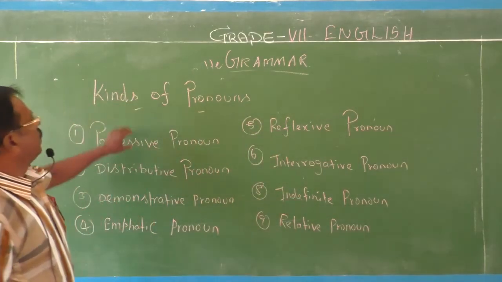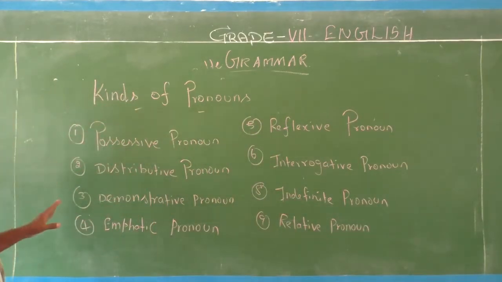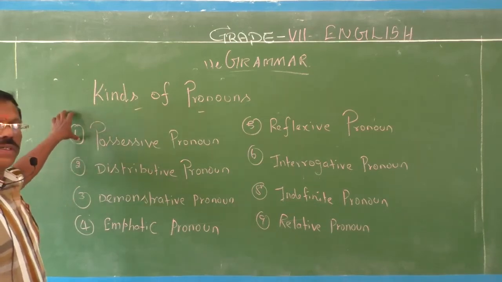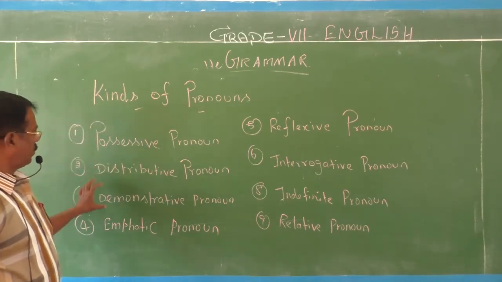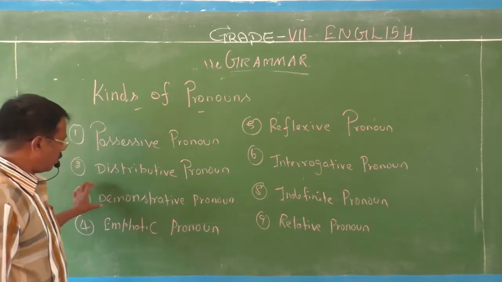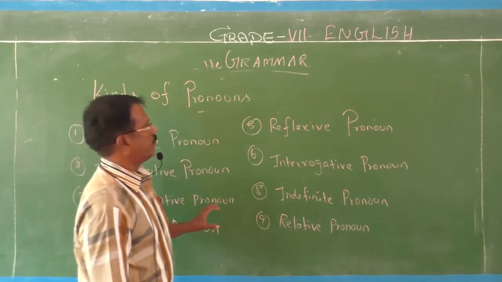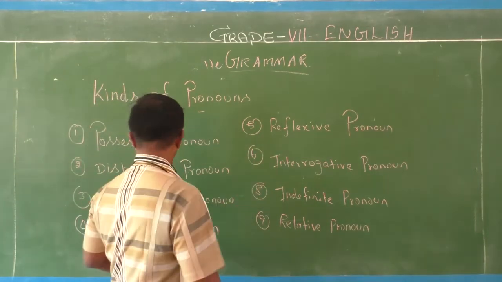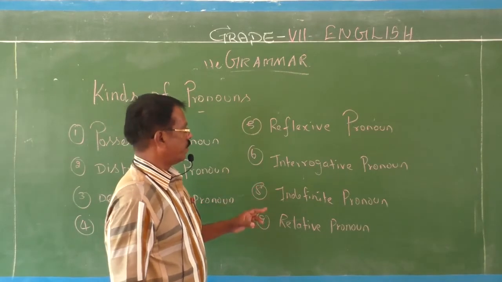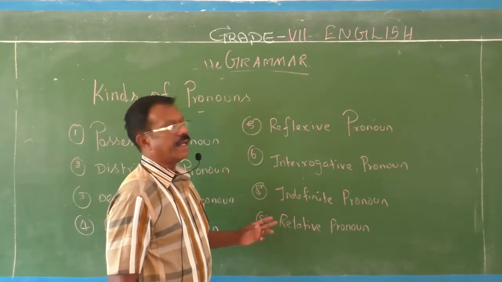So these are all kinds of pronouns: possessive pronoun, distributive pronoun, demonstrative pronoun, emphatic pronoun, reflexive pronoun, interrogative pronoun, indefinite pronoun, and a relative pronoun.